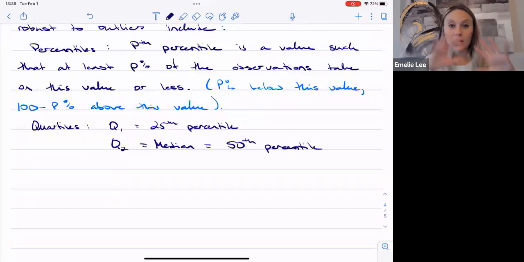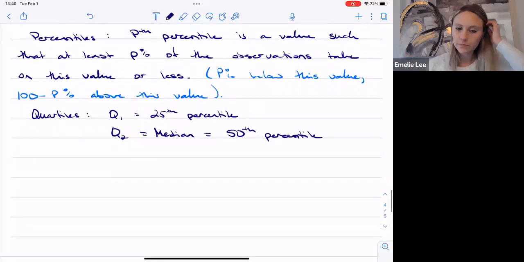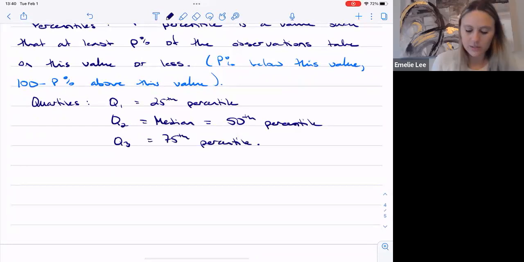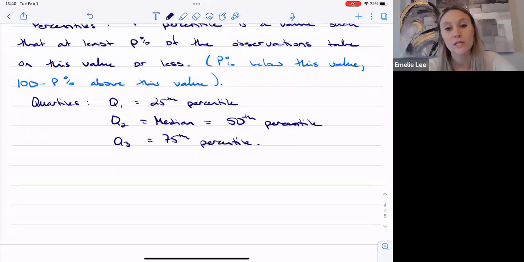Half the data below it, half the data above it. And then Q3 is the 75th percentile. Right, so we've talked mostly about quartiles in the past, and they're just special cases of the percentiles, but just know that you can talk about other percentiles.